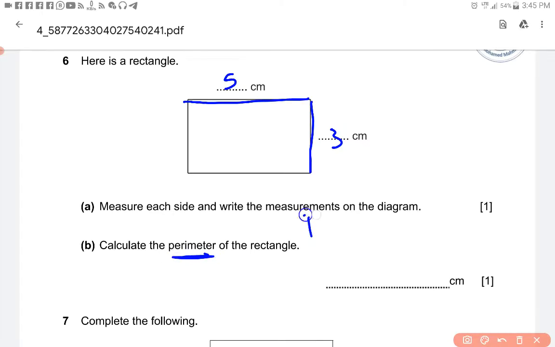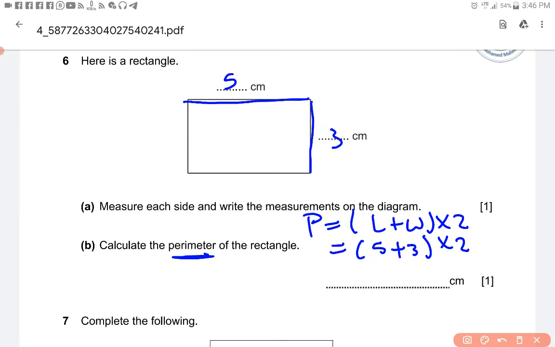We know that perimeter equals length plus width, all times 2. So it will be 5 plus 3 times 2. 5 plus 3 is 8. 8 times 2 equals 16. So the answer is 16 centimeters.